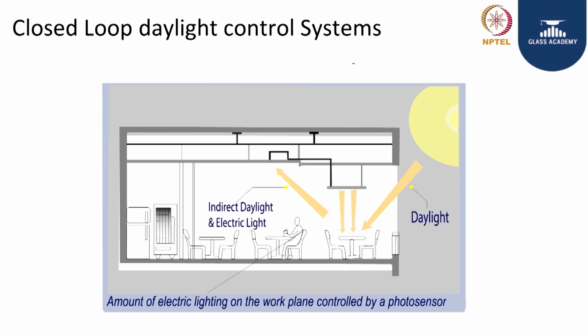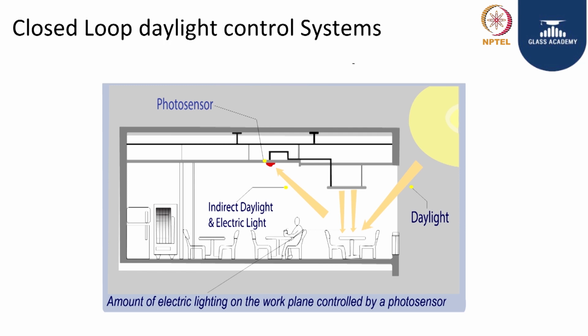Ideally, we would like to have a sensor on the table which can tell us what is the illuminance level. But we cannot place a sensor on the table because it will disturb while we are working. So we put the sensor on the ceiling. So this sensor indirectly measures the light that is falling onto the table. It measures both the light reflected from the artificial fixture and the light that is coming from the sun and getting reflected from the table. It cannot differentiate between the two.